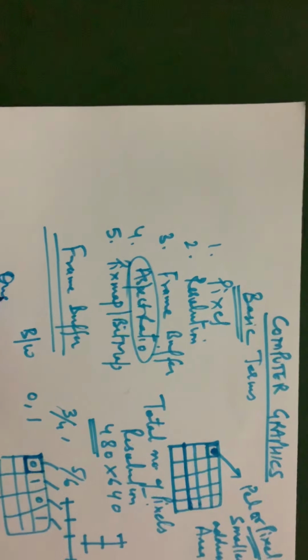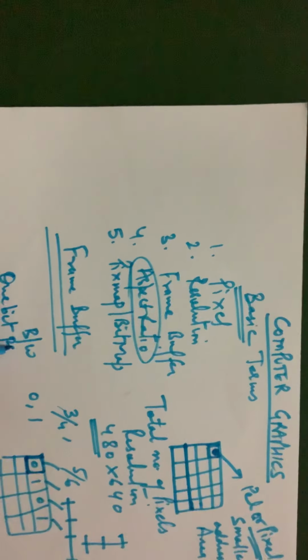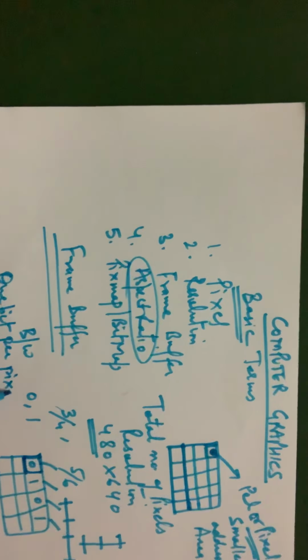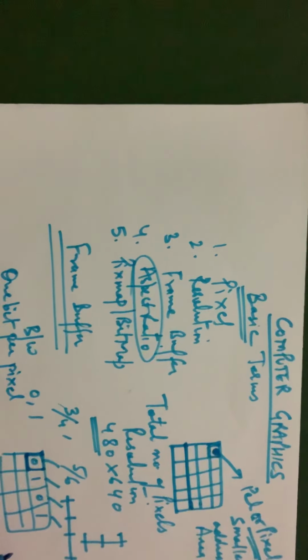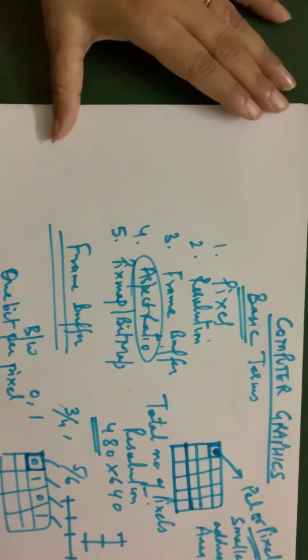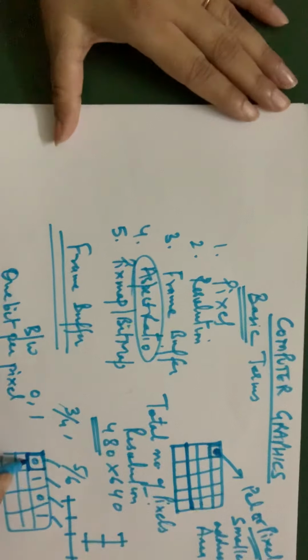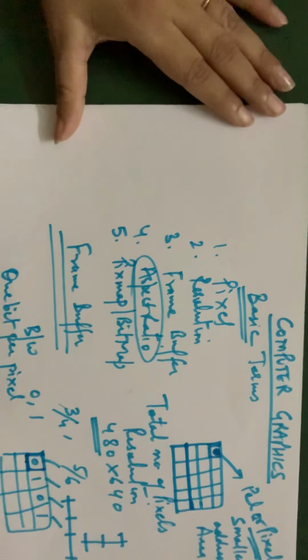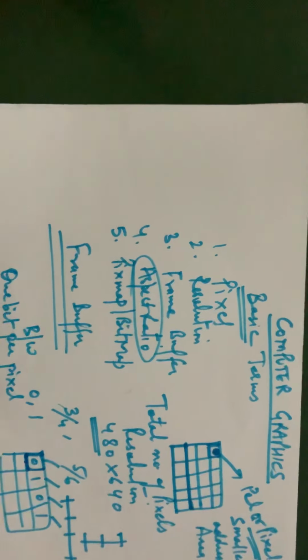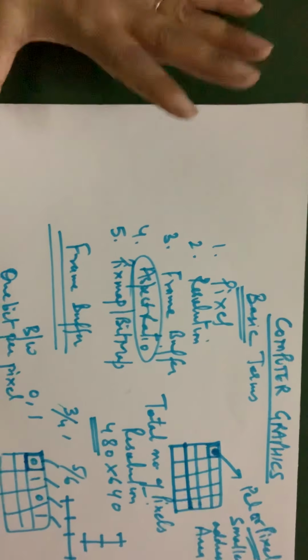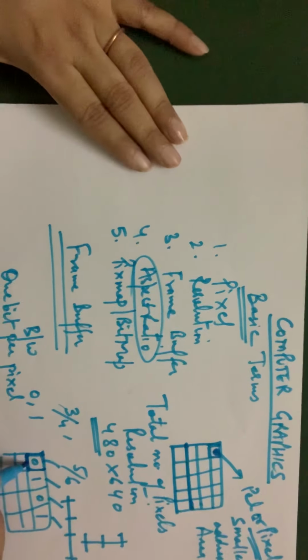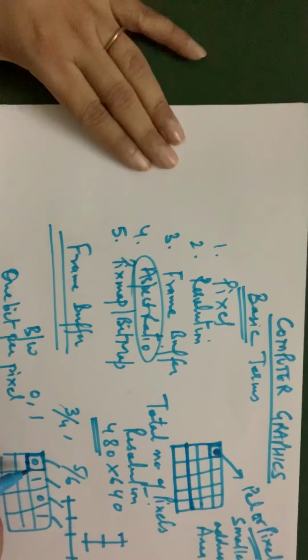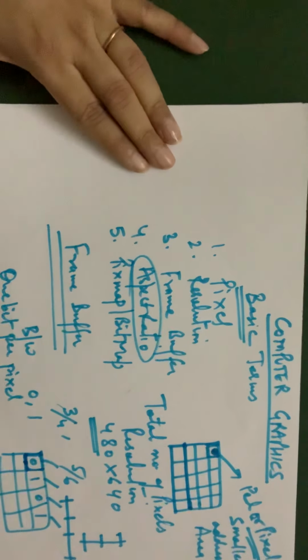If I say 1 bit per pixel, it represents only two colors. That is 2 to the power 1, and if we are representing 0 and 1, only black and white values will be displayed. So that is the black and white screen. Now if we have n bits per pixel, that means 2 to the power n.